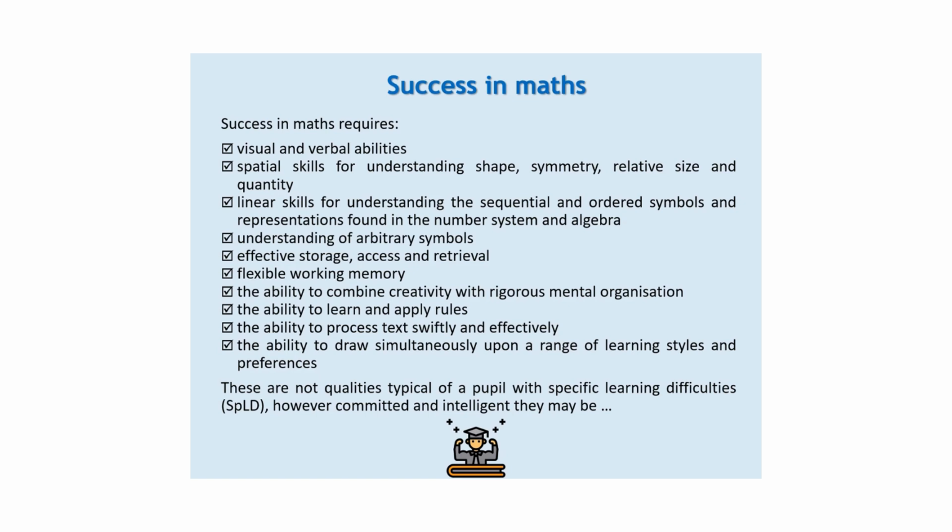The ability to combine creativity with rigorous mental organization. The ability to learn and apply rules, the ability to process text swiftly and effectively, and the ability to draw simultaneously upon a range of learning styles and preferences. These are not typical qualities of a pupil with specific learning difficulties, however committed and intelligent they may be.